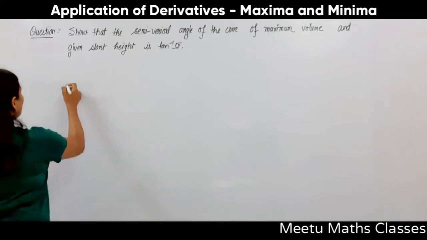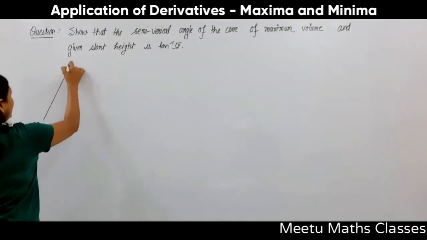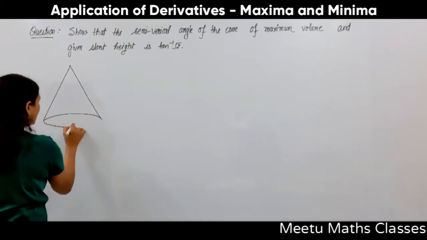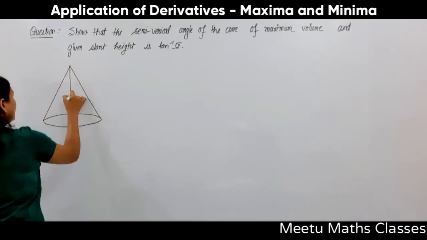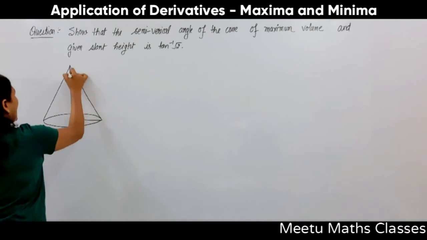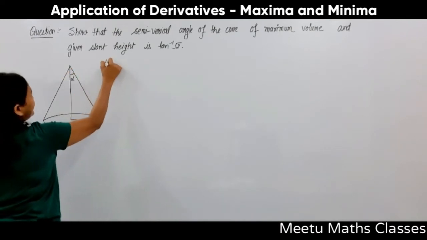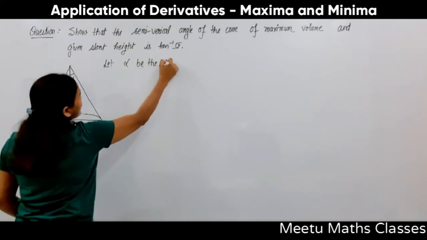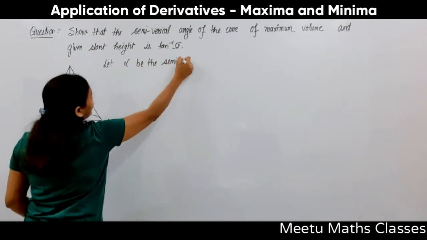So first of all, let us consider a cone whose semi-vertical angle is, say, alpha. Let alpha be the semi-vertical angle.